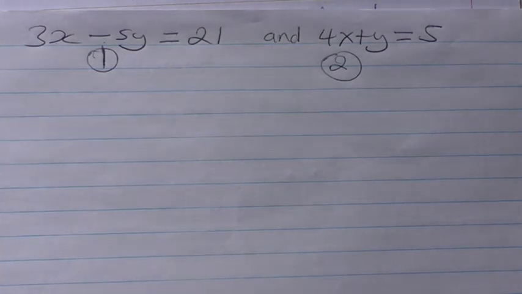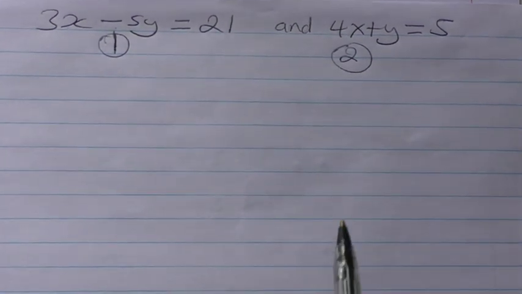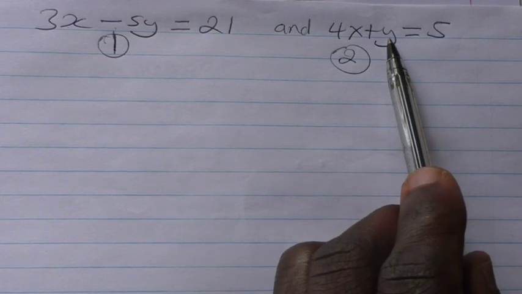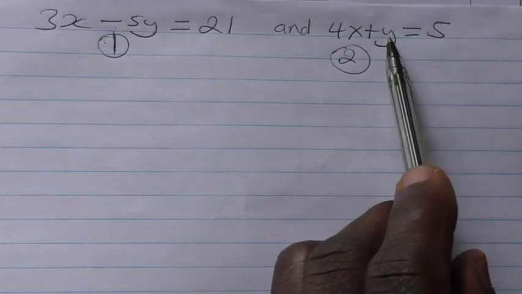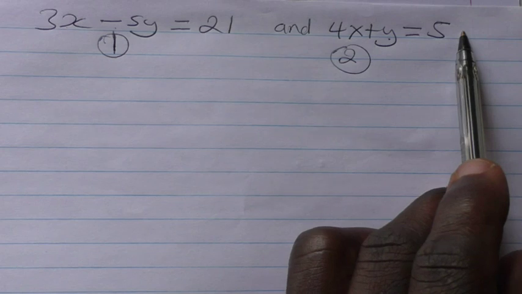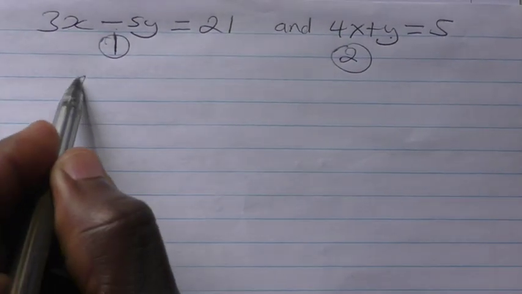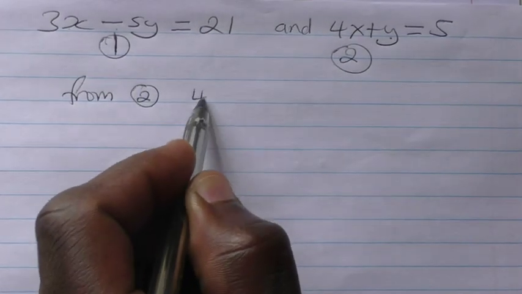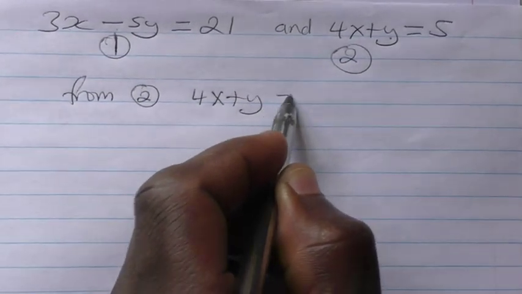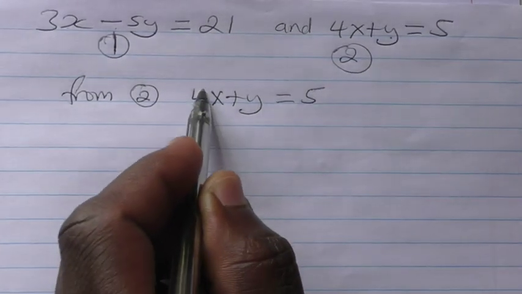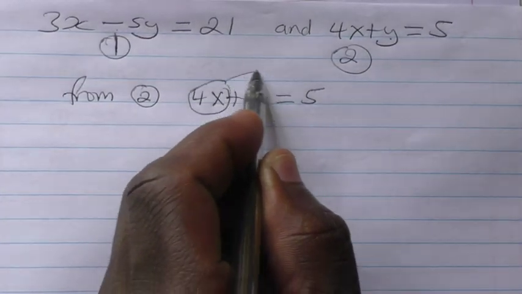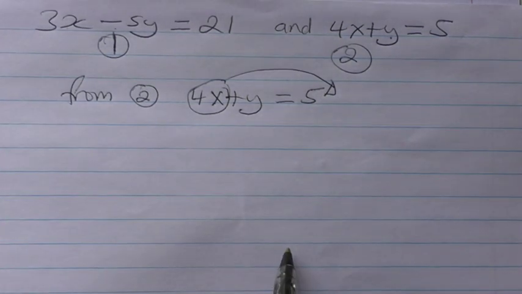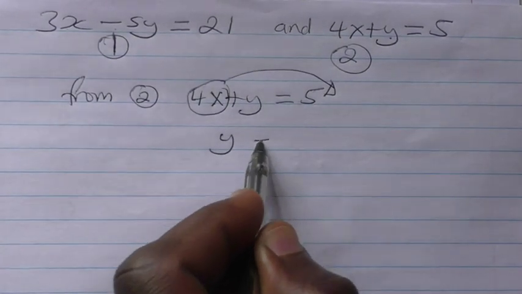But this is the trick. I can easily make y the subject since it has a silent 1 as the coefficient. I can simply make y the subject by taking 4x to the other side, whereby I will say from equation 2, which says 4x plus y equals 5, I will simply take this one to the other side, and I remain with y equals 5 minus 4x.